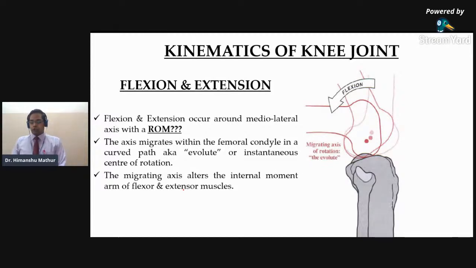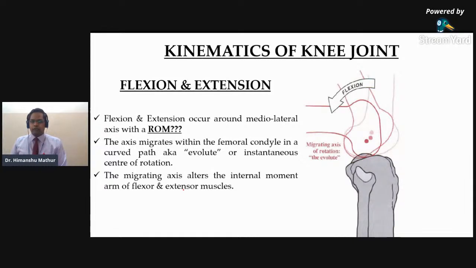So we all know that when we're talking about the osteokinematics, ideally when we talk about this condylar variety of joint, there is 1 degree of freedom, that is the sagittal plane. When we have flexion and extension, the axis of rotation is the mediolateral axis around which the movement takes place.